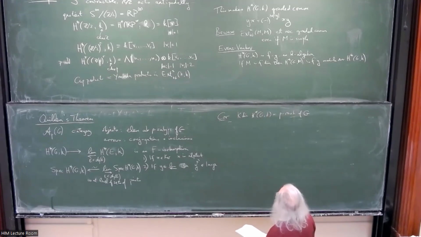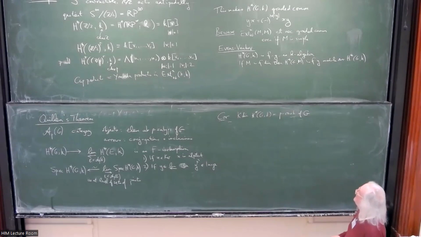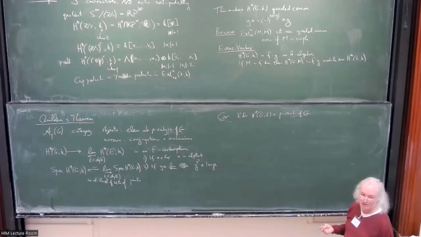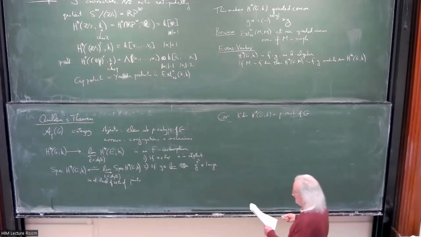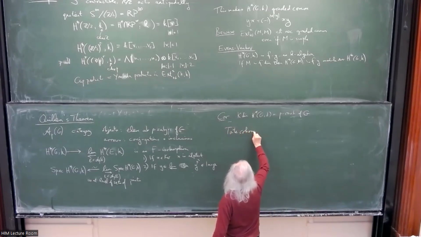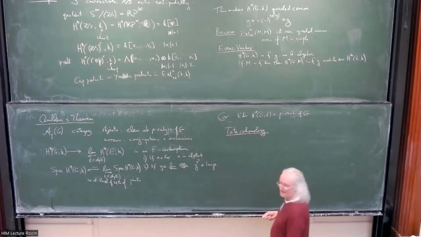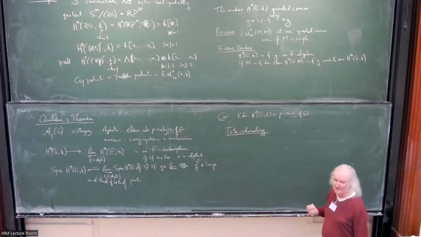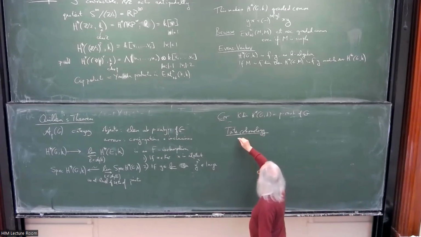The next thing to warn you is that the Evens-Venkov theorem does not apply to Tate cohomology. Let me give you a misleading example first, and then tell you what happens more generally.